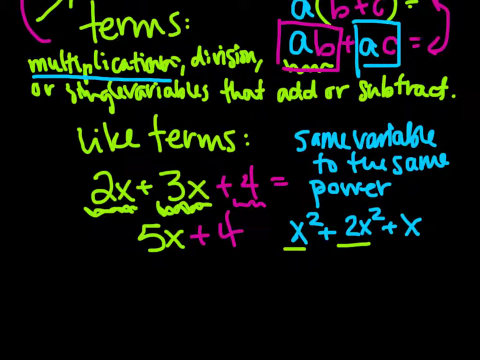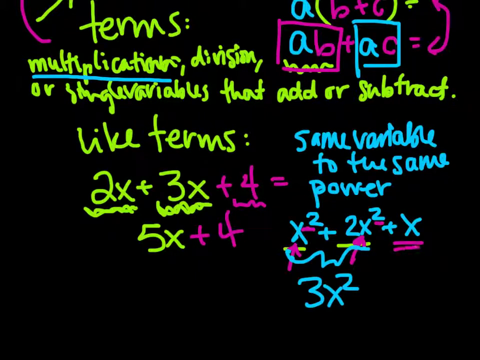Those are like terms because they have the same base in here and the same exponent. So those can be added together. I have 1x squared here and I have 2x squared here, so therefore I have 3x squared out of all of this. And afterwards, I also just simply have 1x being added to it. So like terms can become quite complicated if you're not paying attention to the exponents that are added onto those.